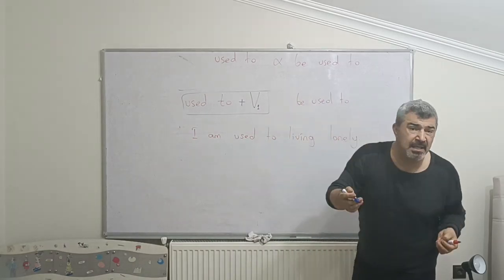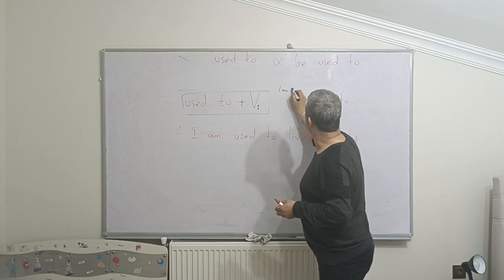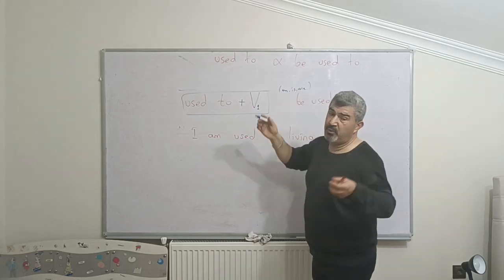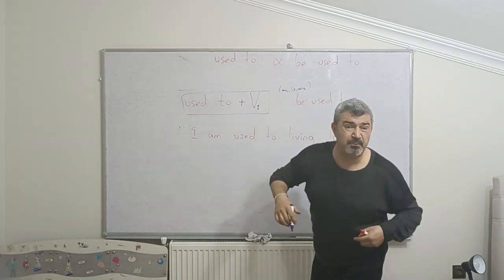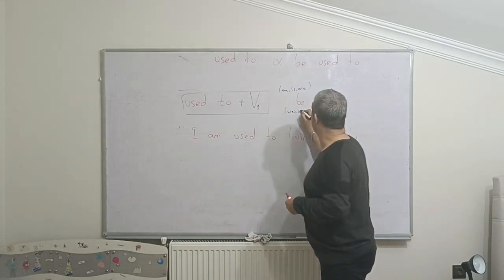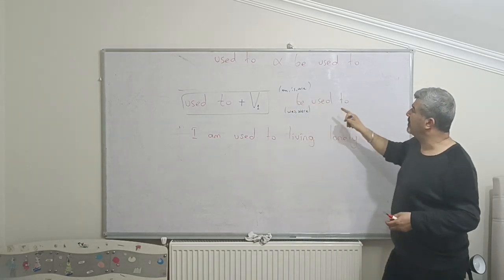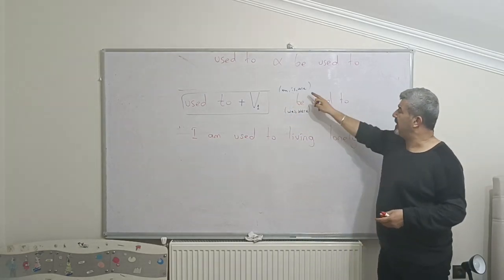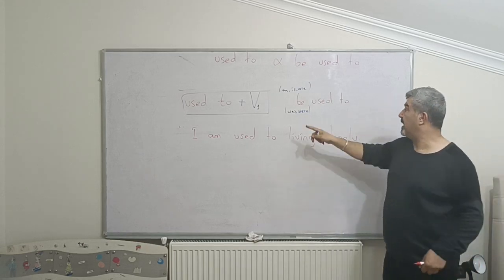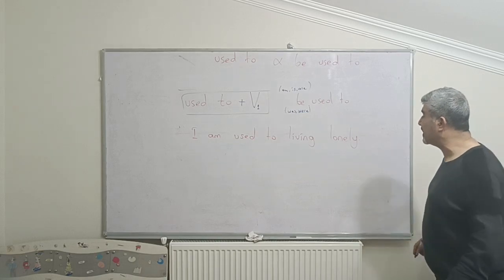If your "be" is present tense, we use am, is, are. If it is past, we use was for singulars and were for plurals. So I can say I am used to, she is used to, they are used to for present, and I was used to, they were used to for the past.